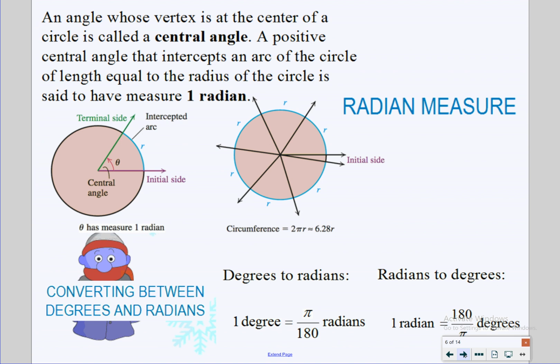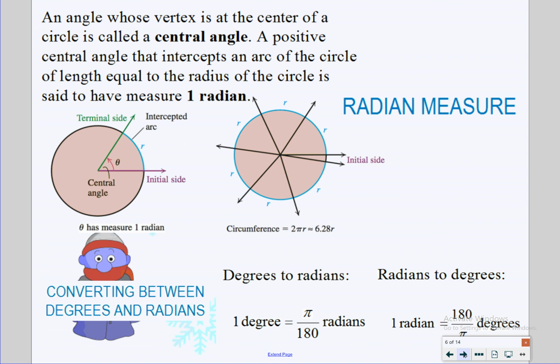A radian is on a circle, an angle that I can form as a central angle. If I take my radius and I stretch it around the circumference of the circle, I can get 2 pi of those to fit around my circle. So you can see that picture here. Here's my R, and then I can stretch it 1, 2, 3, 4, 5, 6, and a little bit.